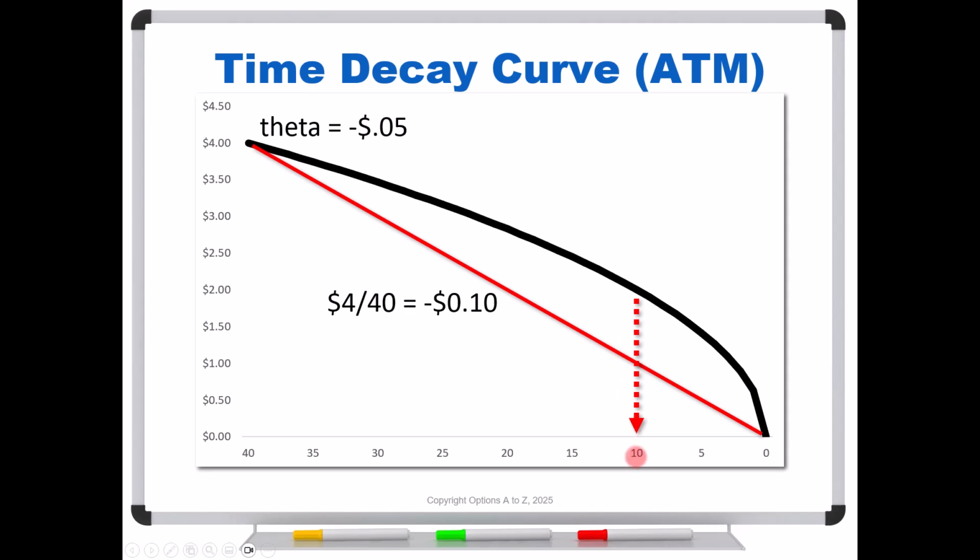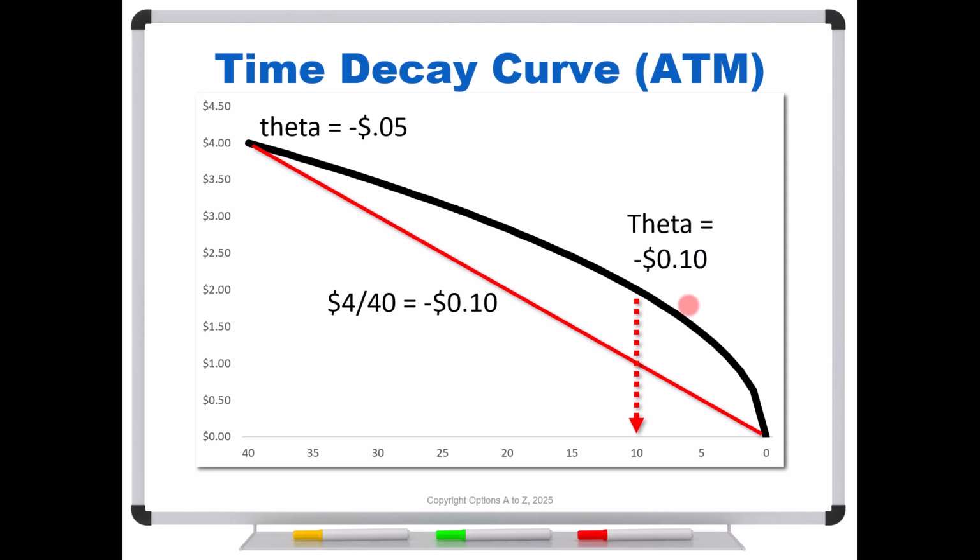So we have 25% of the time remaining, or 75% of the time has passed, and our theta will be exactly equal to the average theta. So if we have more than 25% of the time remaining on this side of the curve, we decay less than 10 cents per day. And if we have less than 25% of the time remaining, or in this example, less than 10 days, we decay at a rate faster than average.